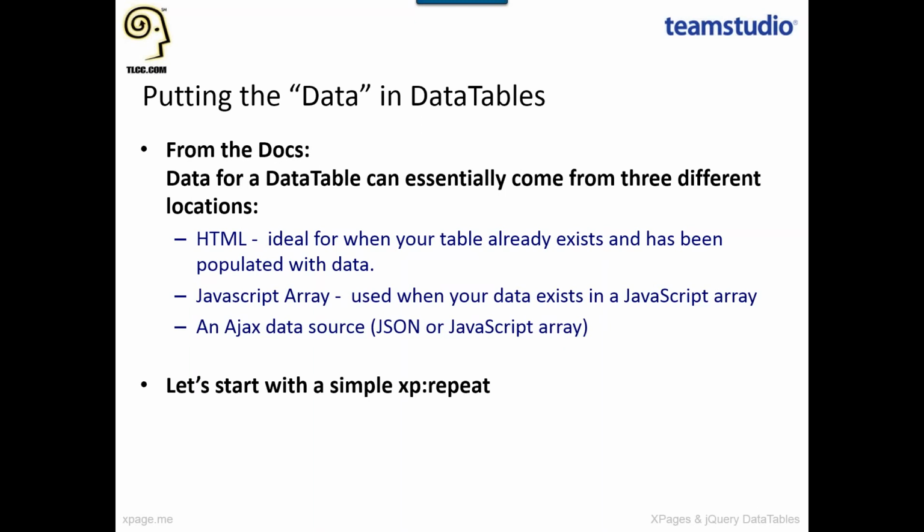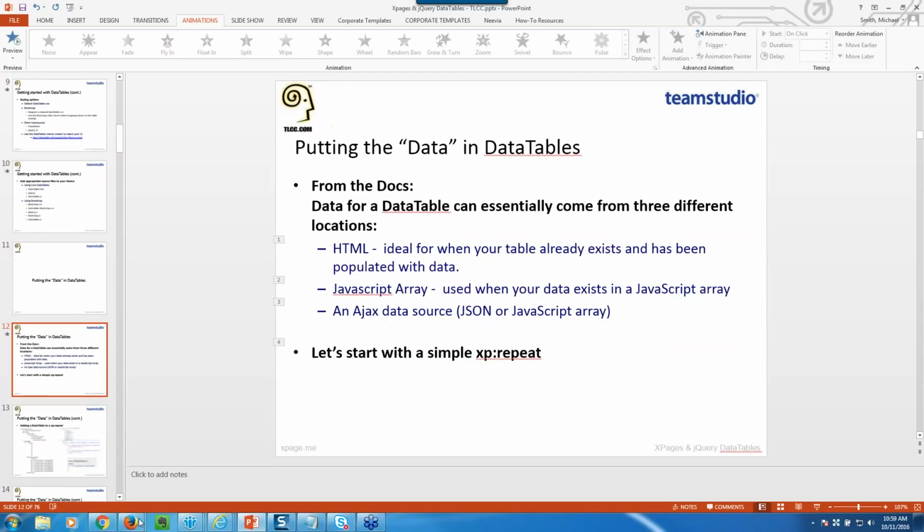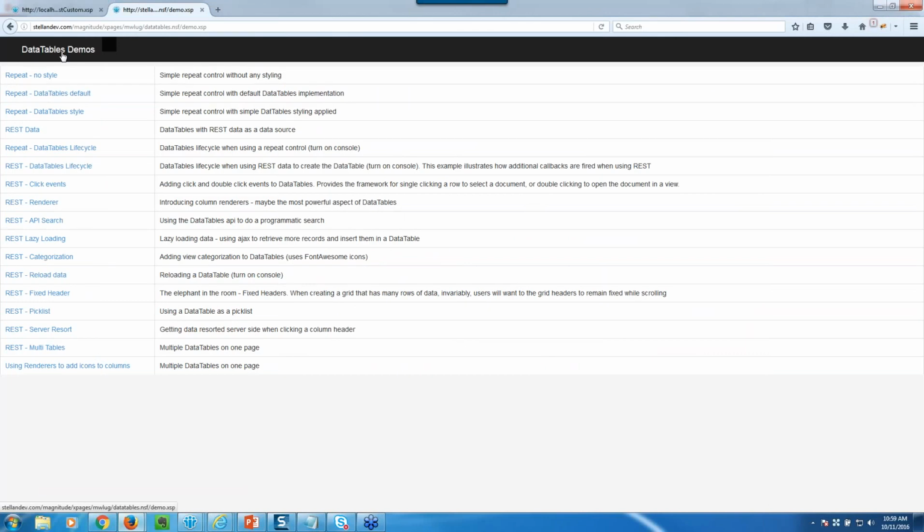So let's take a simple repeat and apply DataTables to it, see what it looks like, and then we'll add some styling to it and see the progression of what happens when we do a couple different things. So here's my demo database.